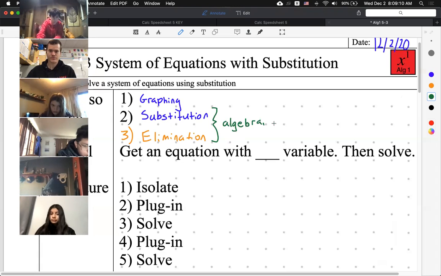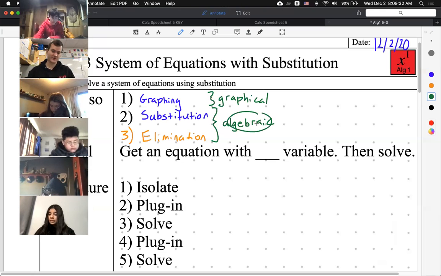That means manipulating symbols in a special way to get an answer, whereas graphing was graphical. That was using the coordinate plane. That was more picture-based, like, oh, where they cross is the answer, instead of x equals 5. By the end of today, you'll say x equals 5, y equals 3, or something like that. There's no graph that goes along with it.